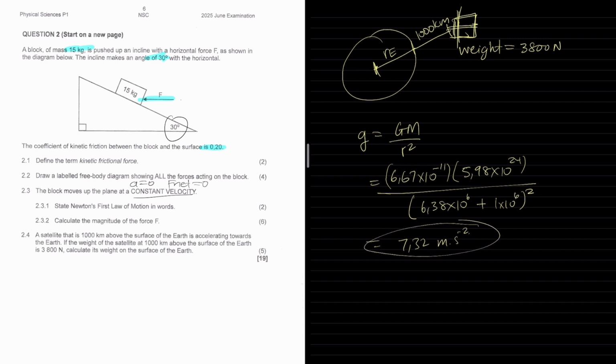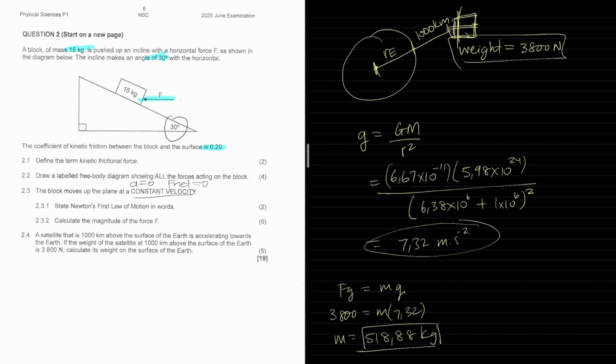Now from this, we can work out the mass of the object since we have the weight. So we'll say that Fg is equal to mass times gravity. Fg is the weight, so 3,800 is equal to m times 7,32. We can then get the mass of the object as 518,88 kilograms.